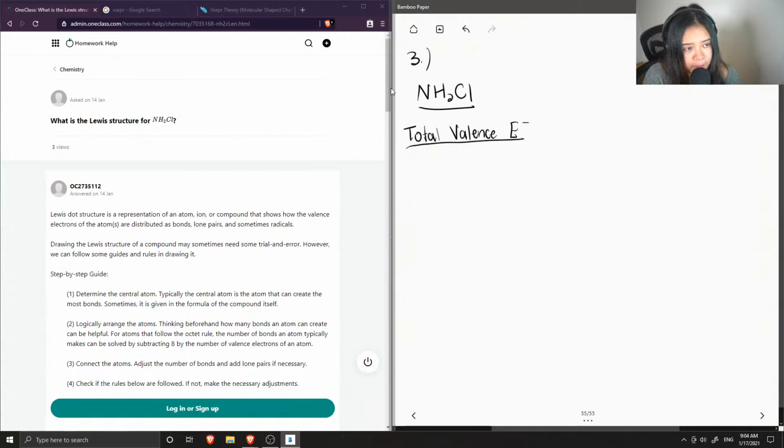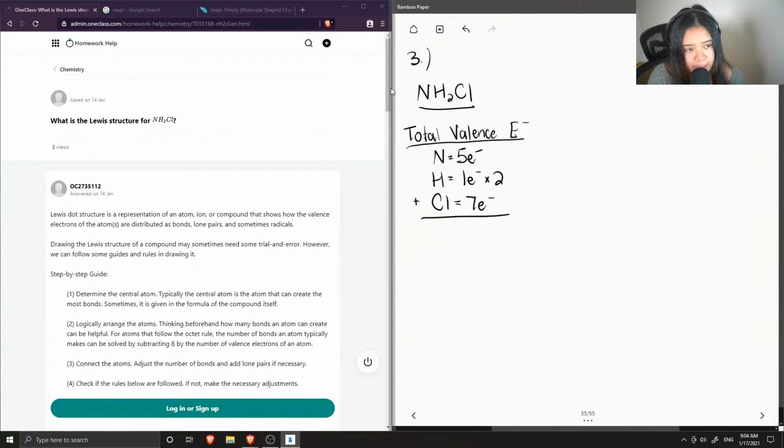So for nitrogen, nitrogen has 5 valence electrons. Hydrogen has 1, and we have 2 hydrogen atoms in this compound, so we multiply this by 2. And chlorine has 7 valence electrons.